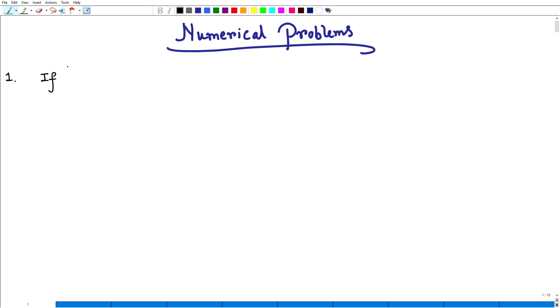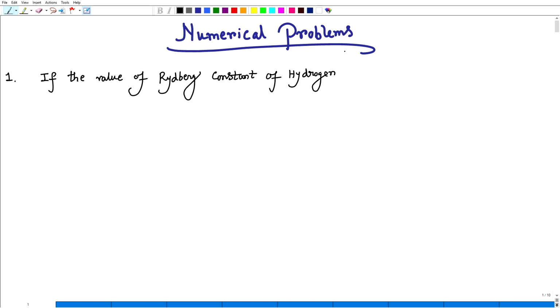If the value of Rydberg constant of hydrogen is 109737 centimeter inverse, this is given.